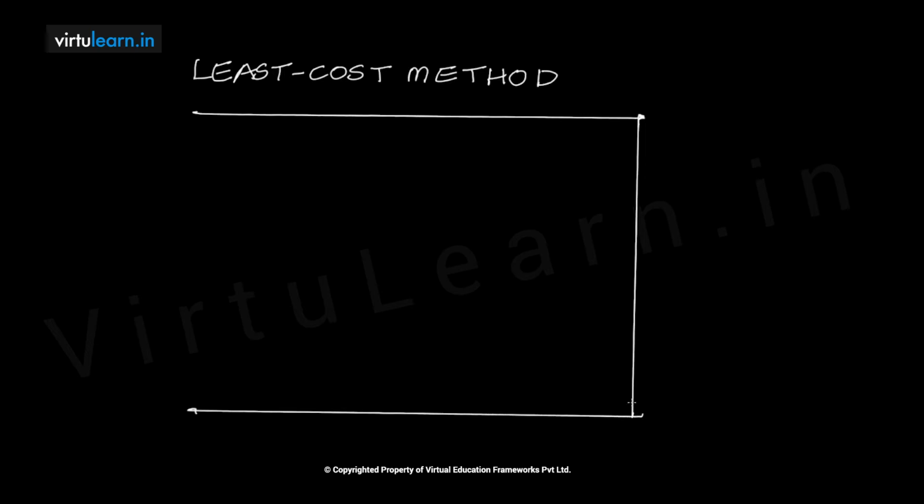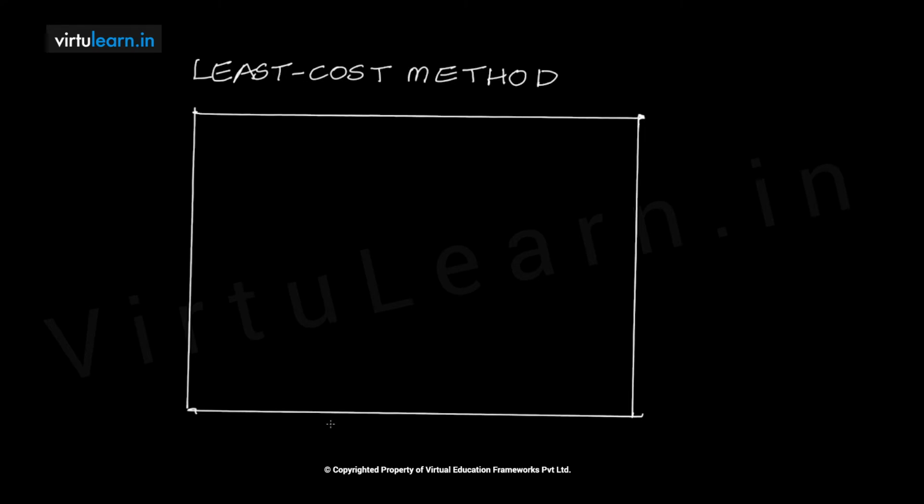So the procedure for allocation is, first of all, we have to find the least cost in the entire table.